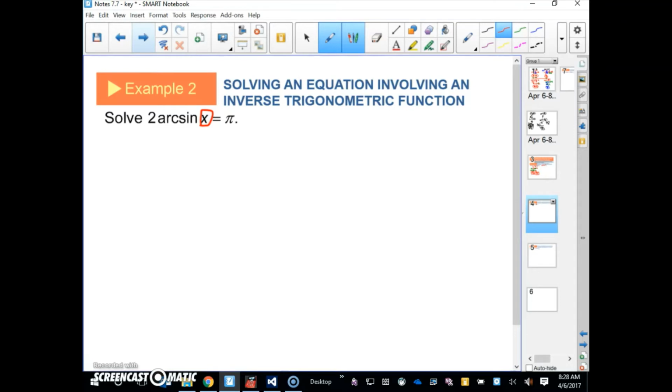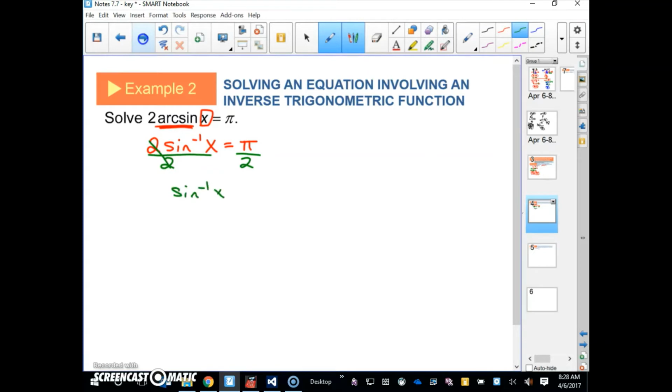Now, I don't know if you're like me, but if you're like me, this arc sine is a little bit confusing. If you want to rewrite that as inverse sine, be my guest. I think we're all probably more comfortable with the term inverse sine than arc sine. But either way, if we're going to peel this onion, if we're going to solve for x, the first thing we're going to do is divide by 2.